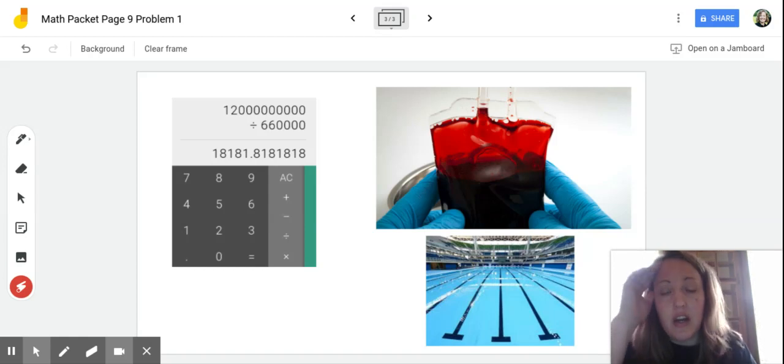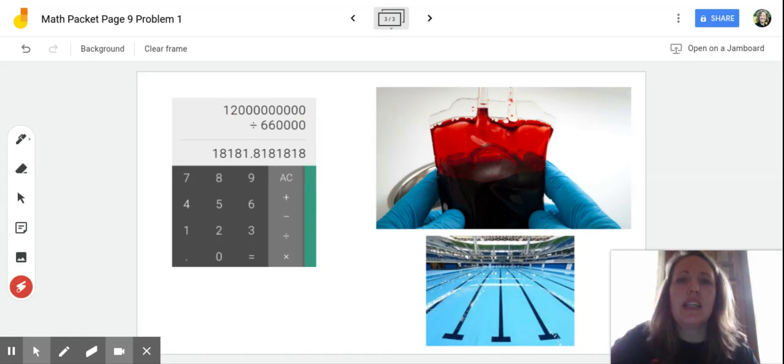There is 660,000 gallons of water in here. So I took 12 billion and I divided it by 660,000. And I came up with this number here. If you look at it closely, it is about 18,000.